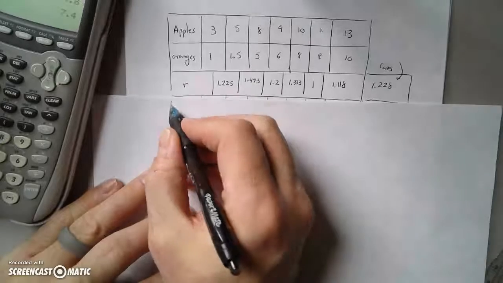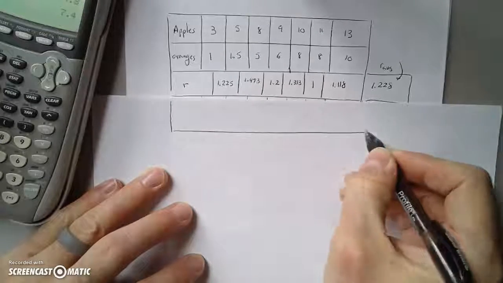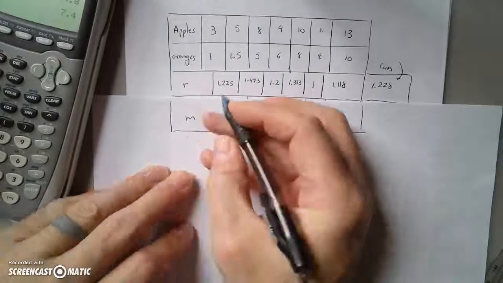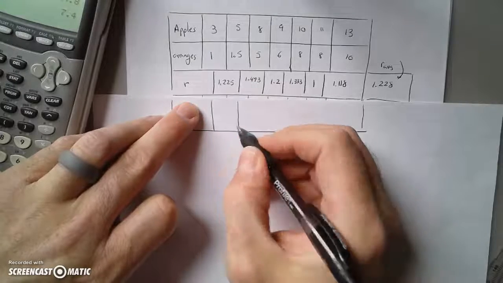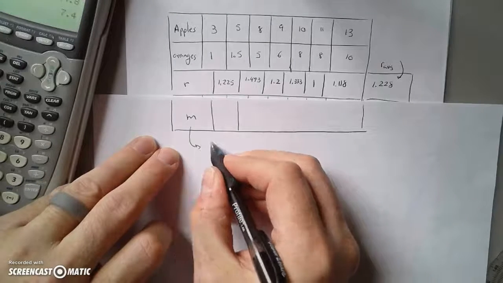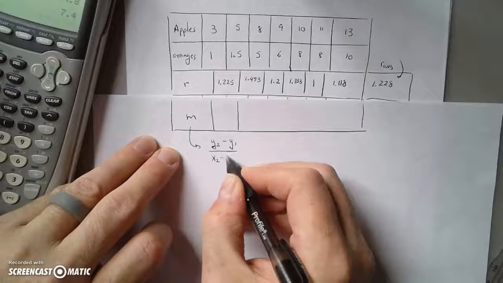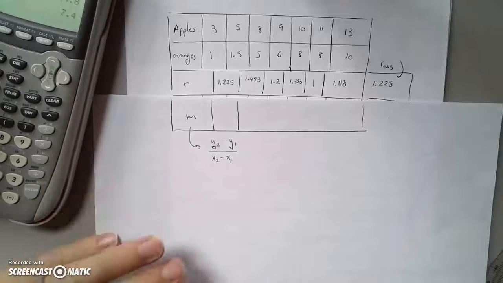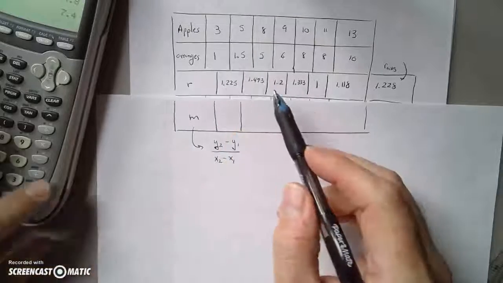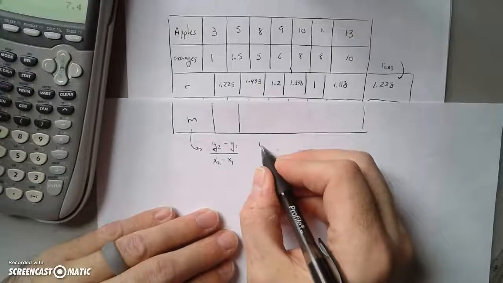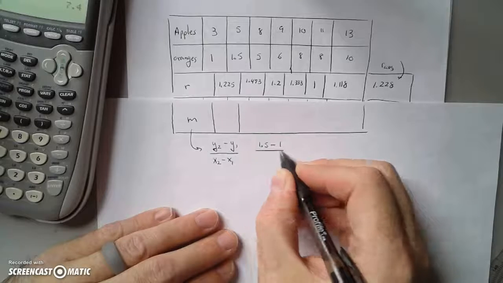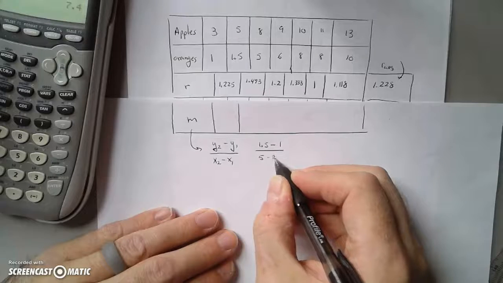For the m's, once again, I'm going to do pairwise. And here we're just using the familiar y2 minus y1 over x2 minus x1. So for example, using these first two pairs, we'd have 1.5 minus 1 over 5 minus 3.